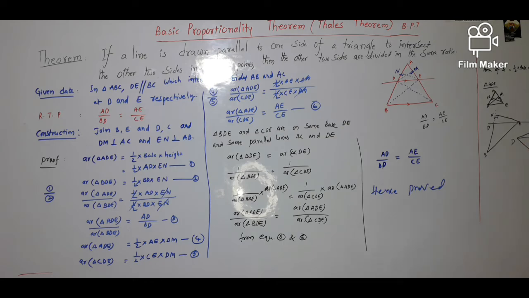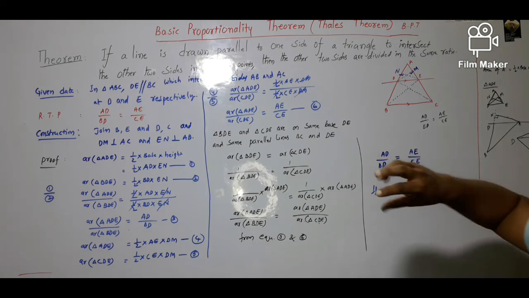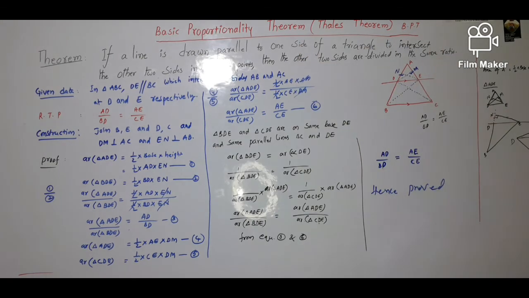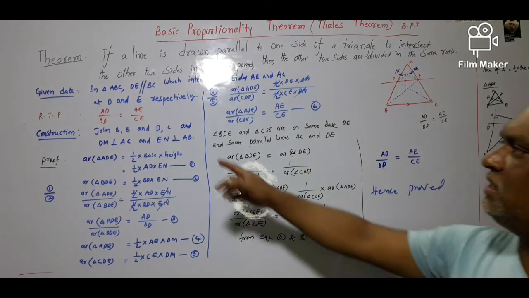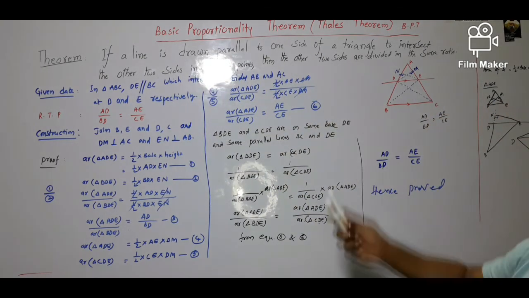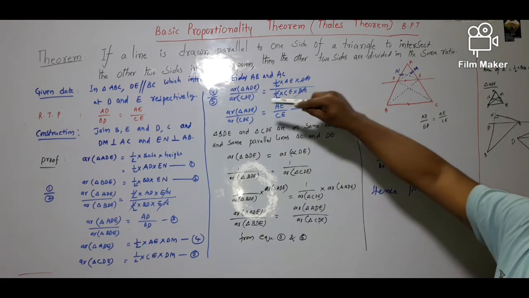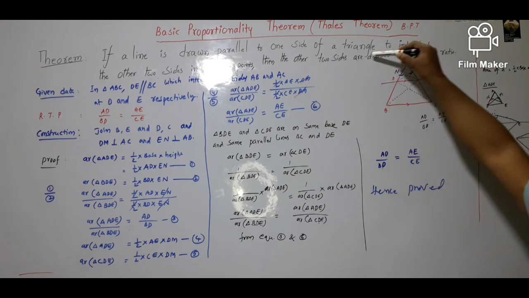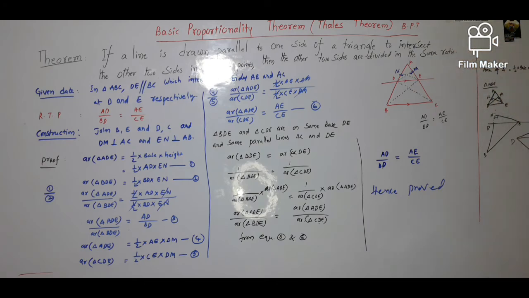Now, the simple basic proportionality theorem, Thales theorem, BPT theorem. The statement is: if a line is drawn parallel to one side of a triangle to intersect the other two sides in distinct points, then the other two sides are divided in the same ratio. First you draw a triangle ABC.